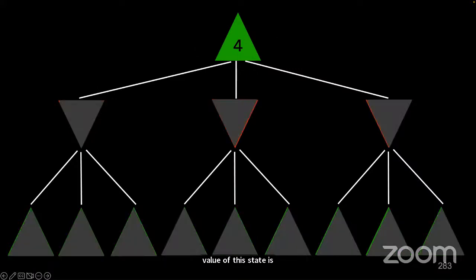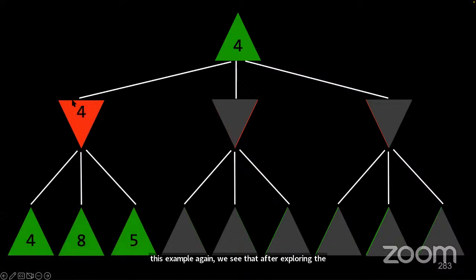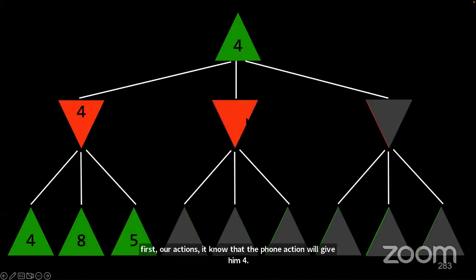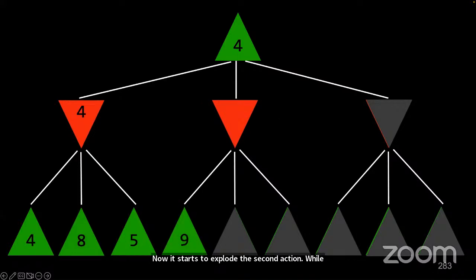Now if we closely look at this example again, we see that after exploring the first action, it knows that the first action will give it value 4. Now it starts to explore the second action. While exploring the second option, it sees that the min player first gets a value 9, then the min player gets value 3. This is the red signal for this max player, because it knows that this min player will play optimally and it will select the lowest value.